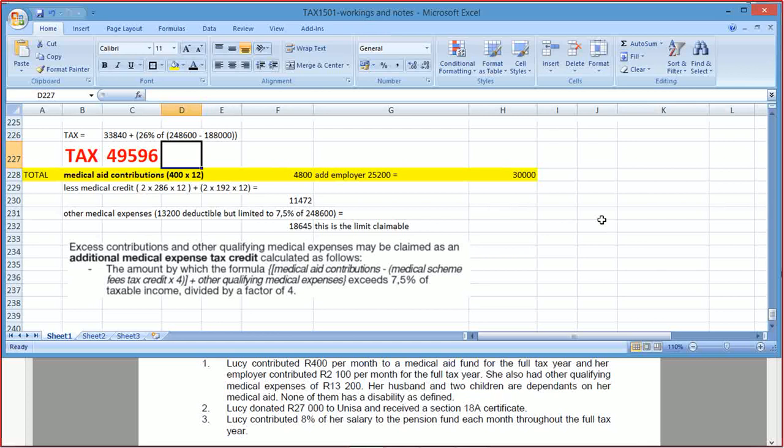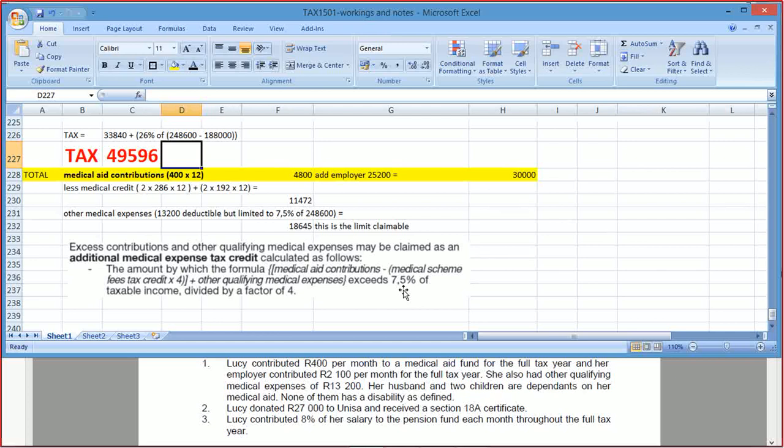Okay? And if she's going to pay that amount of tax, we need to subtract her deductions. Right, so would she be able to claim her medical aid deductions? The contributions, in other words. That's what I mean by deductions. No. Why not?